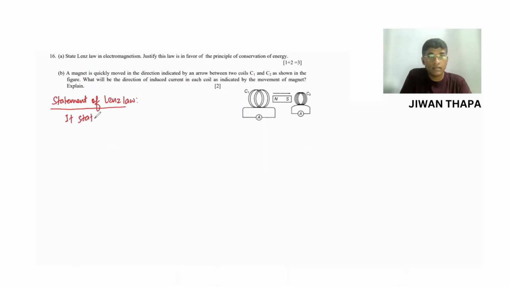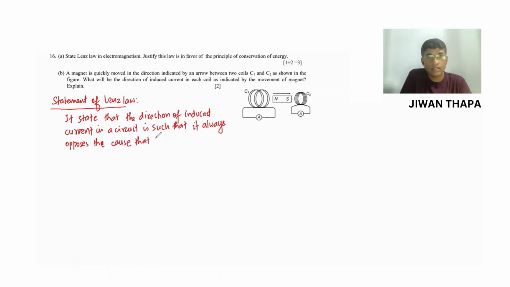It states that the direction of induced current in a circuit is such that it always opposes the cause that produces it. So this is the statement of Lenz's law.